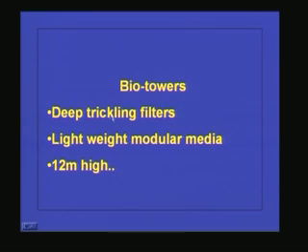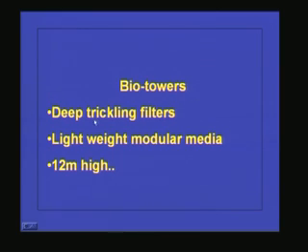Nowadays, people are not going for the standard rate biotrickling filter because the organic loading is limited and the hydraulic loading rate is limited. If you want to reduce the volume of the biotrickling unit, we have to have a very high hydraulic loading rate and organic loading rate. So nowadays the biotowers are coming up.